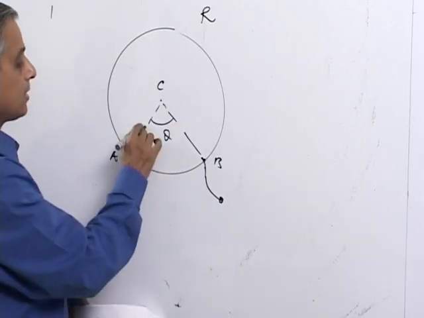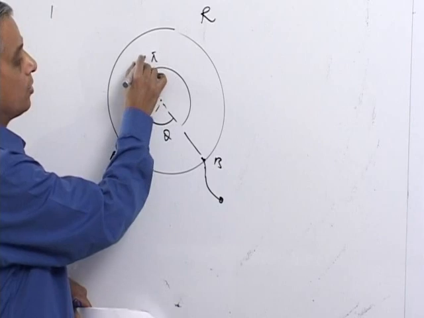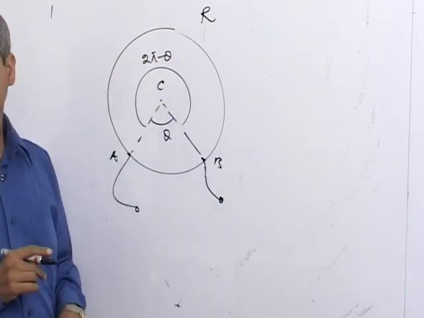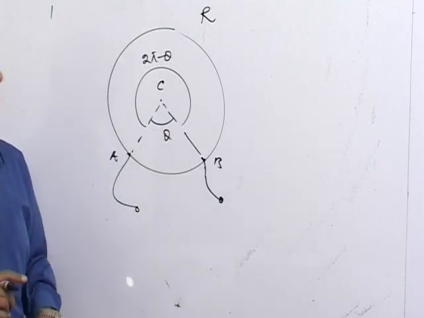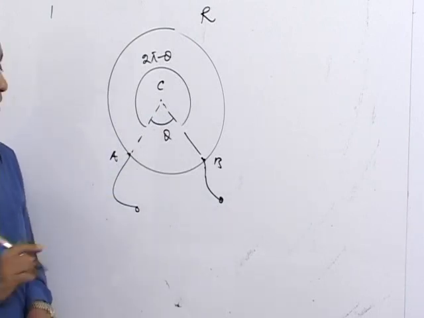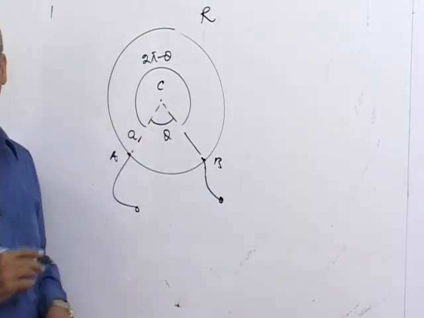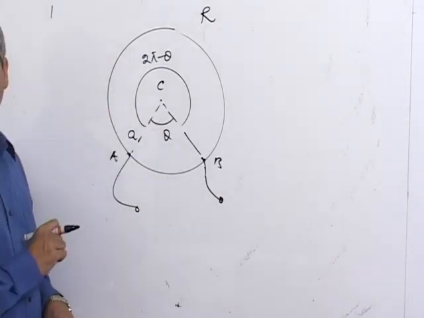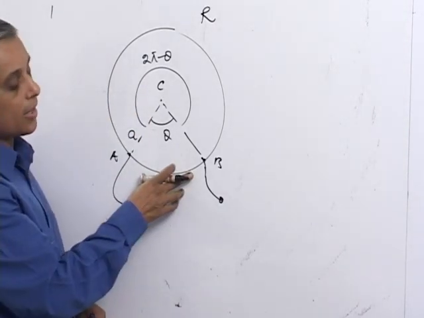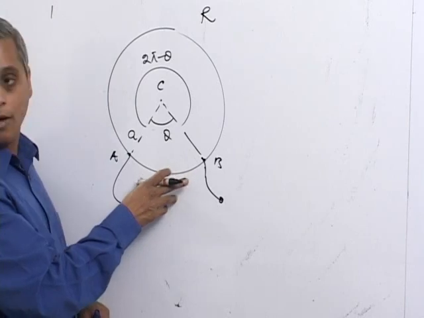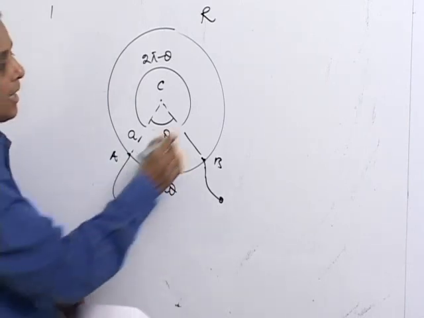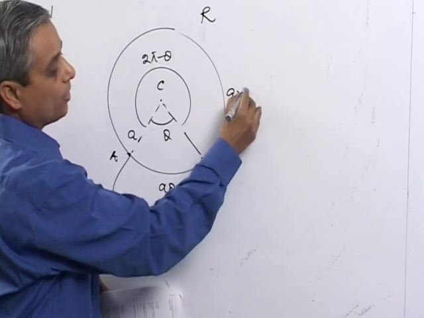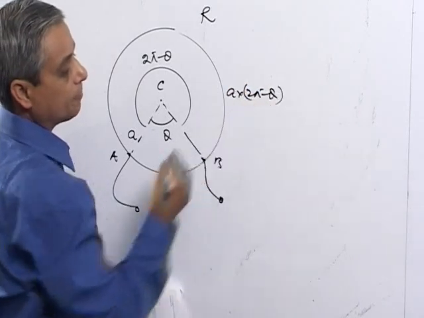When this angle is theta, this angle becomes 2 pi minus theta. Now, if we consider the radius of this circle to be, let's say, A, from the arc length upon radius formula of the angle, this length becomes A theta, and similarly this length becomes A into 2 pi minus theta.